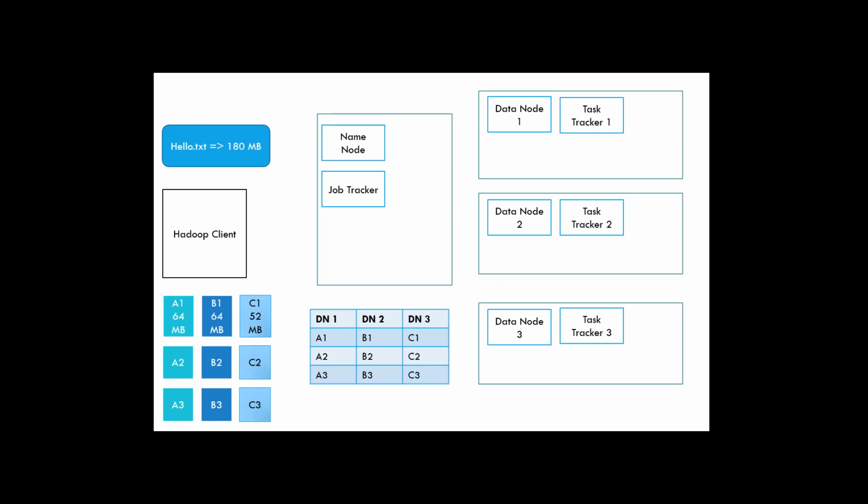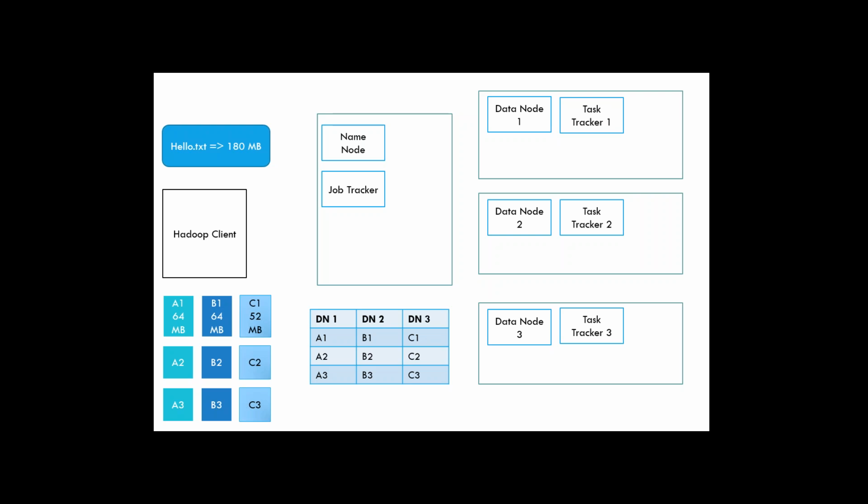But if we have a careful look at this, what if the server on which data node 1 is running fails or goes down? Then we lose all the copies of block A. So there is no point in doing the replication then. This kind of mapping is actually wrong.